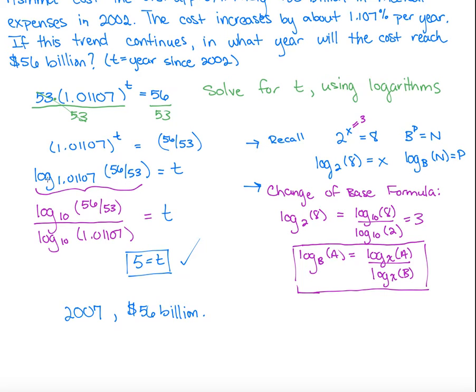It turned out that we had a log in base 1.01107, which was not in base 10. So we had to use the change of base formula to rewrite this in base 10 so that we can put it into our calculator and evaluate that to solve for t.